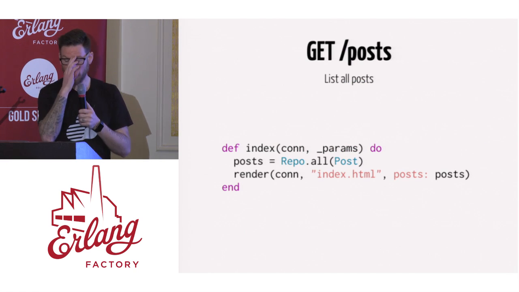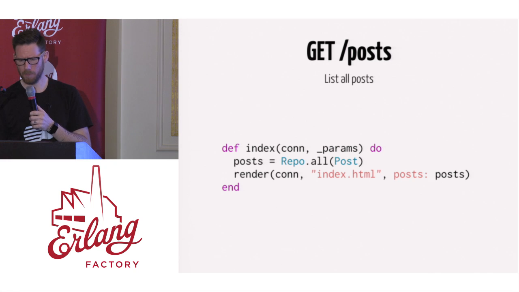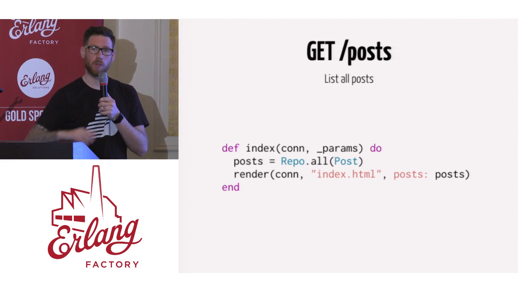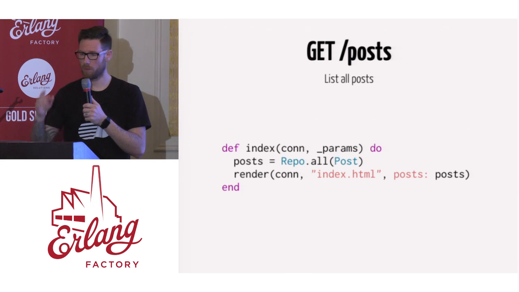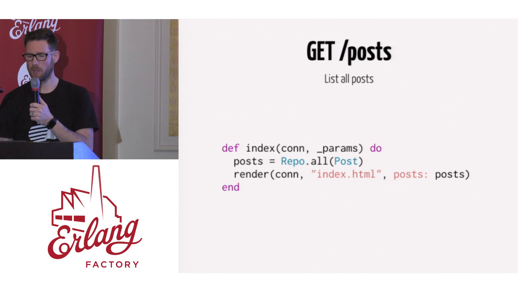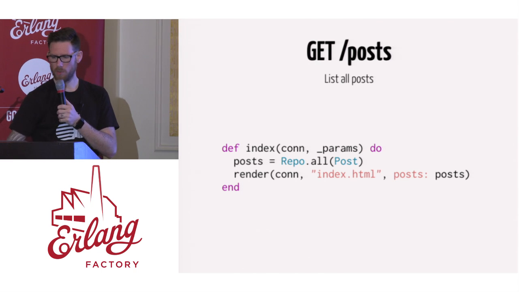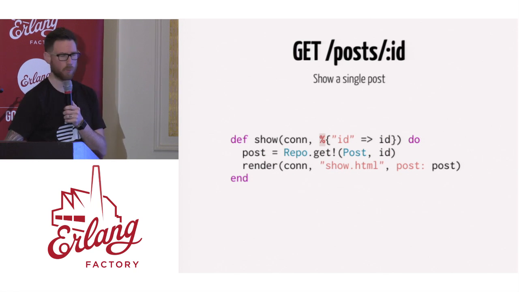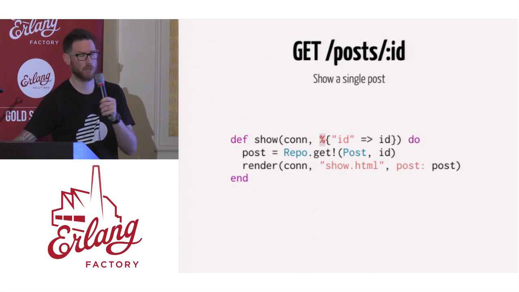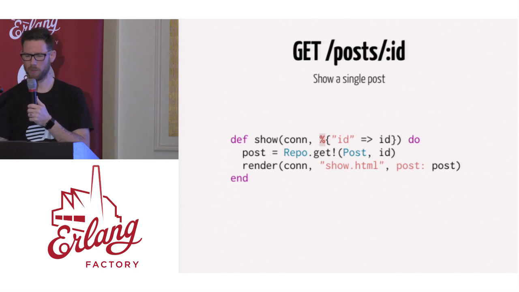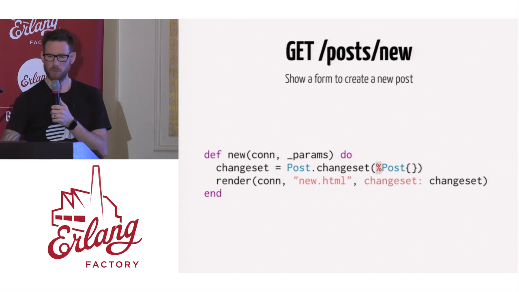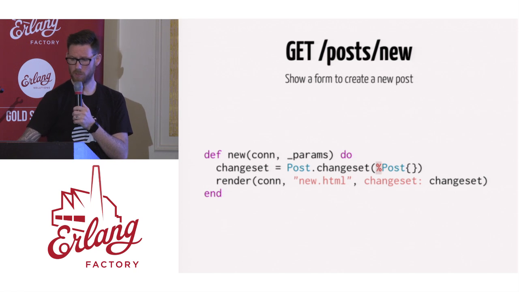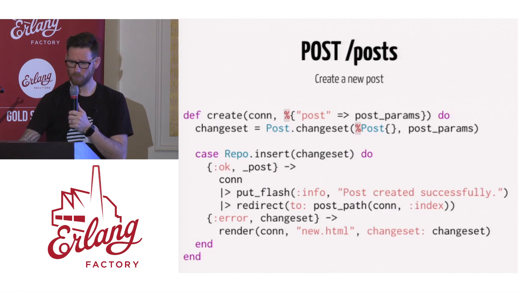So just quickly, we have the index action, which is generally when you go to /posts, you will then fetch all the stuff from the database and display it out to the users. You have the show action, which will be /posts/id, which will just get a single record. The new action, which will generate a form and give you the fields to create a new one.